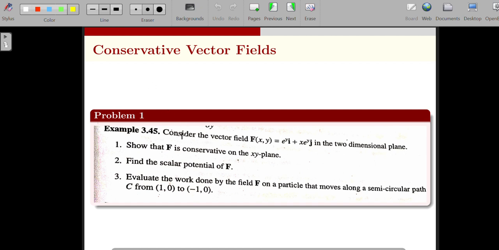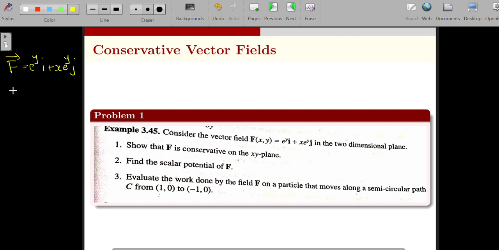Again you are given a vector field. This vector field f is given as e raised to y i plus x e raised to y j. So f is equal to e raised to y i plus x e raised to y j.